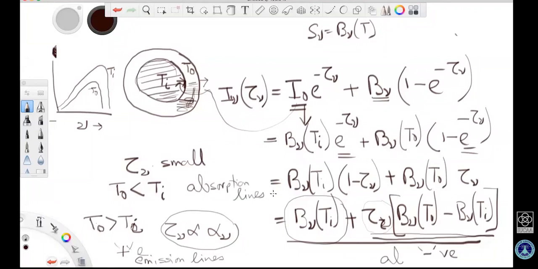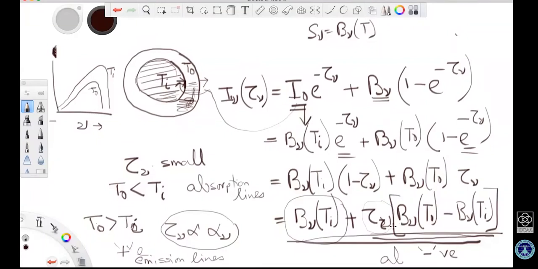Do you agree with me? Is this clear? I've just inferred this from this equation. I made a two-temperature model of a star, where I have an inner star and an outer layer.